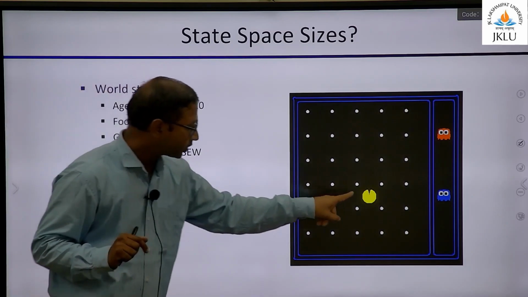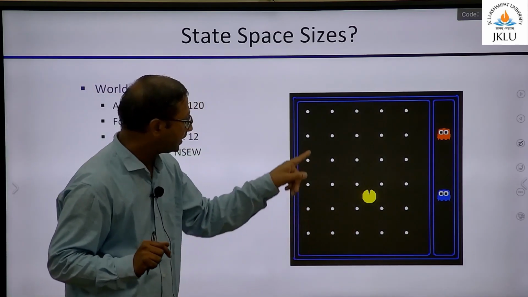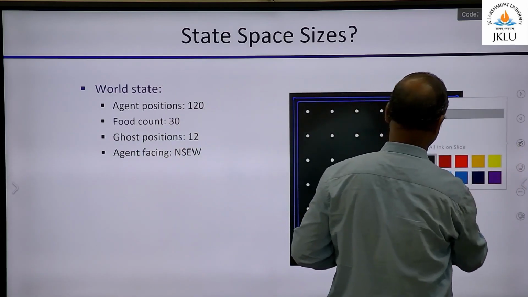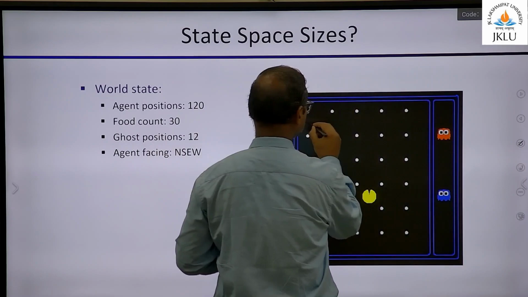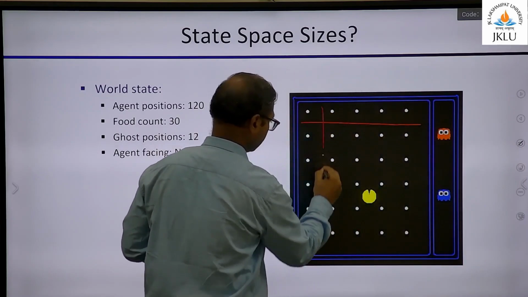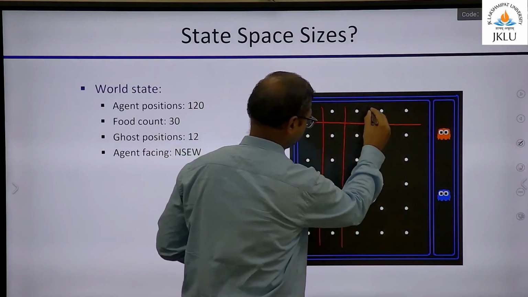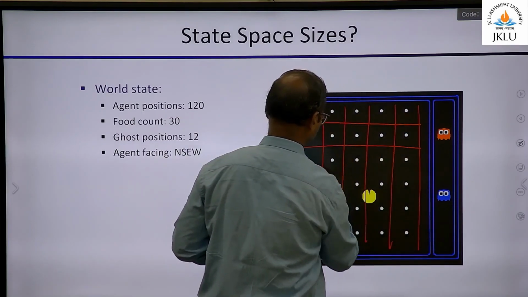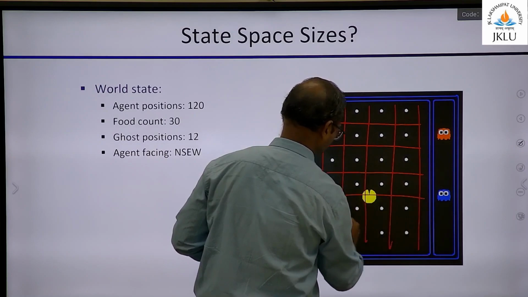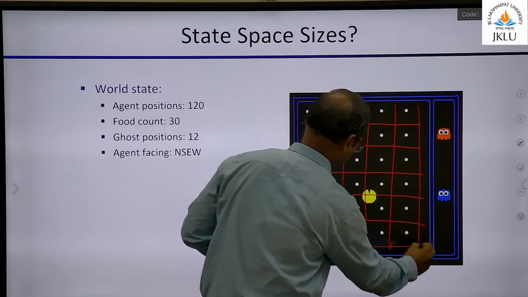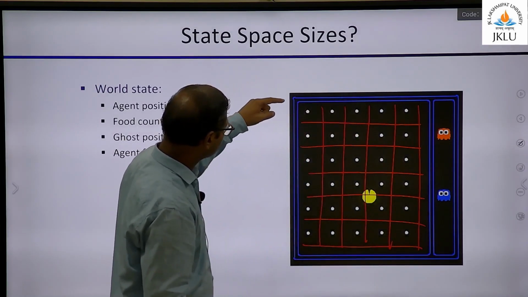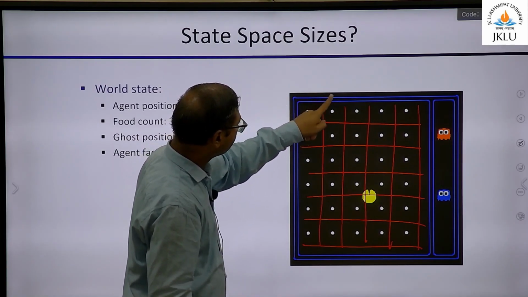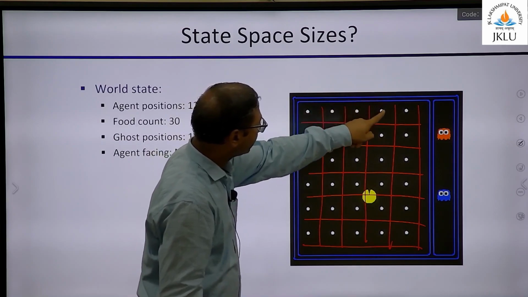This will help you because Pacman is here right now. So this means there is a row here and here as well. So this is 1, 2, 3, 4, 5, 6, 7, 8, 9, 10.